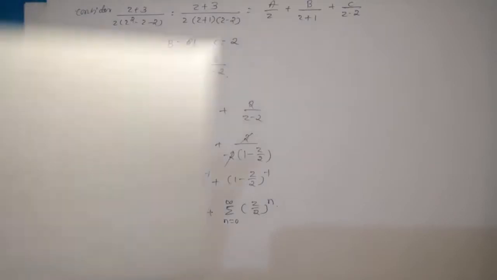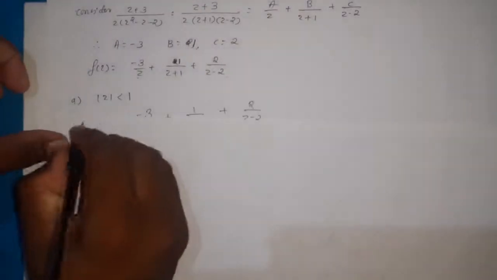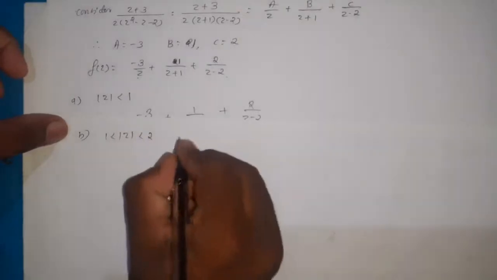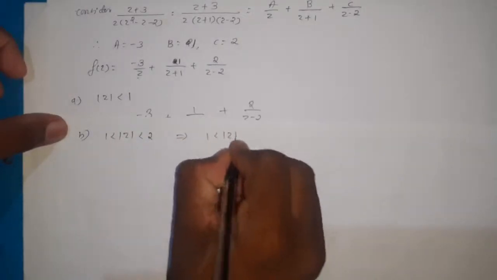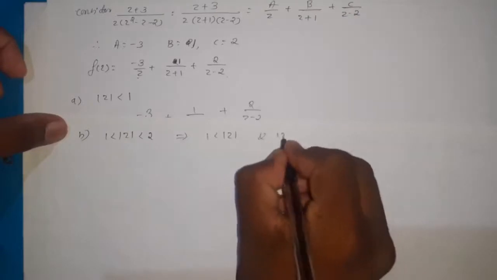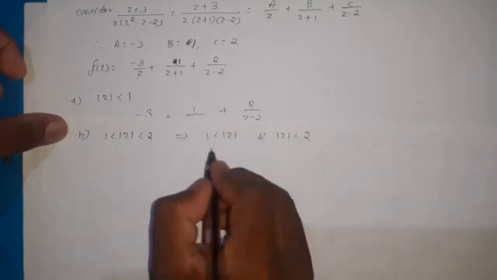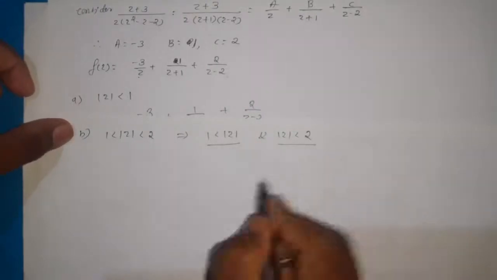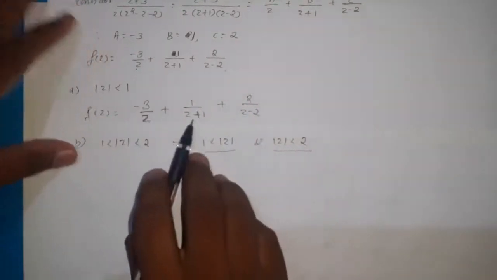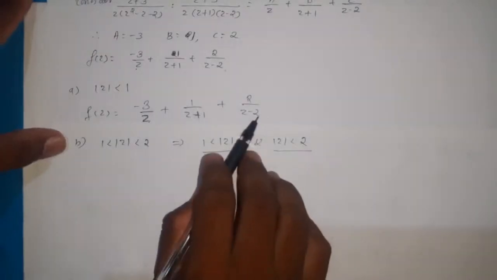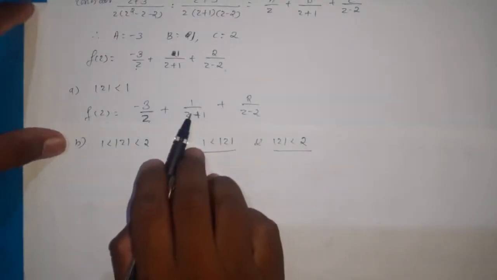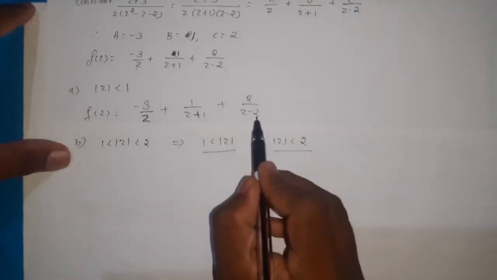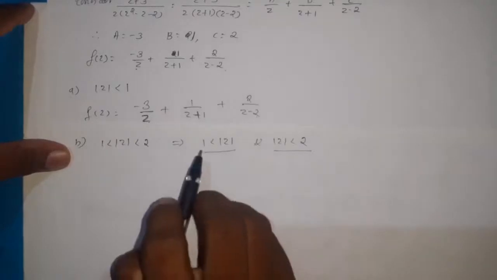And the second region is 1 less than mod z less than 2, which implies 1 less than mod z and mod z less than 2. In the first inequality z is greater, and in the second inequality 2 is greater. In these two factors, z plus 1 and z minus 2, wherever 1 is present in that factor we need to take z outside, and whenever 2 is there we need to take 2 outside.